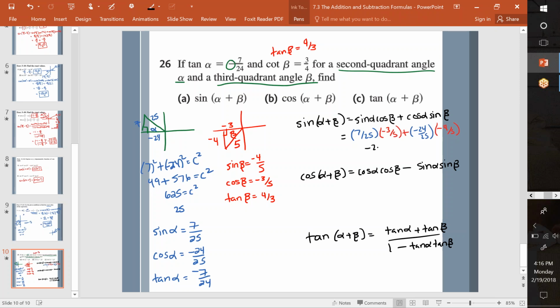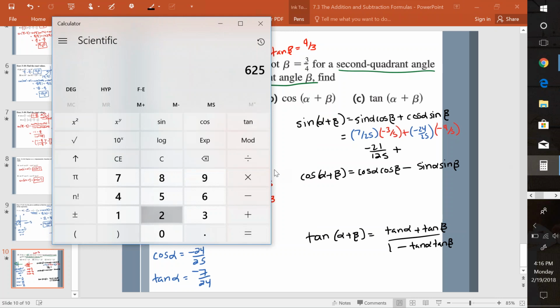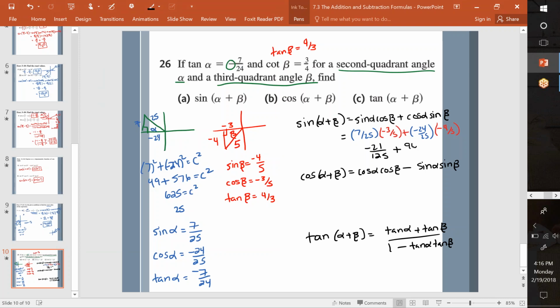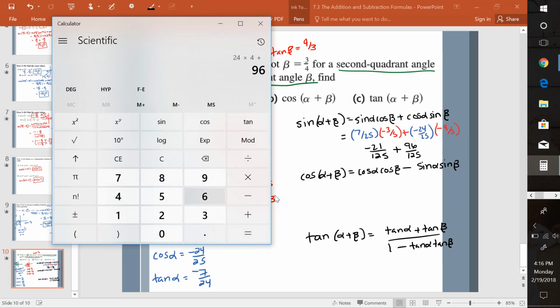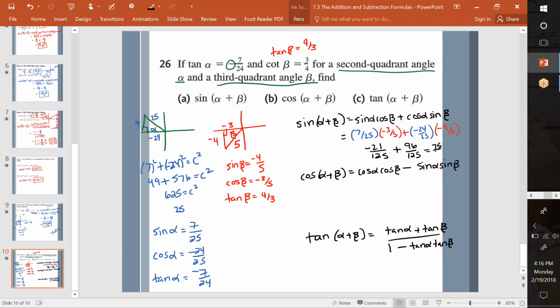This will be negative 21 over 125 plus, because it's negative times negative and a plus in the middle, 24 times 4 is 96 over 125, and 96 minus 21 is 75 over 125, which does reduce. Those are both divisible by 25, so that would be 3/5.